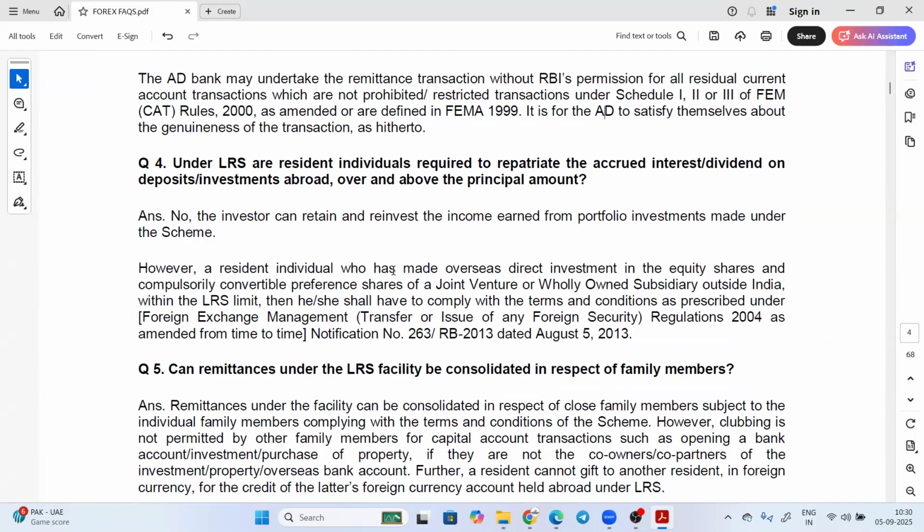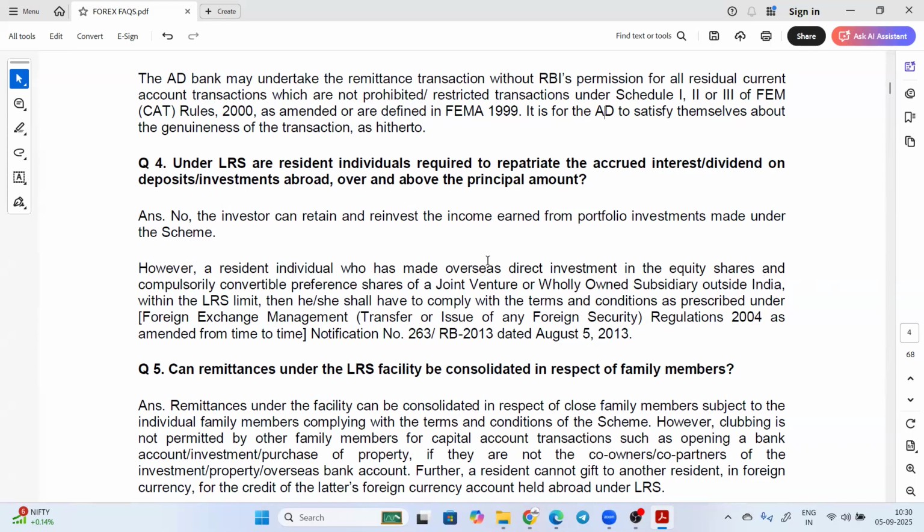However, a resident individual who has made overseas direct investment in the equity shares and compulsorily convertible preference shares of a joint venture or wholly owned subsidiary outside India within the LRS limit has to comply with the terms and conditions prescribed under the Foreign Exchange Management (Transfer or Issue of any Foreign Security) Regulations.